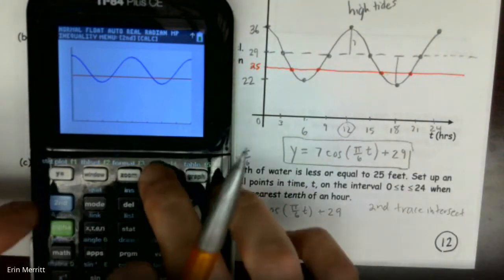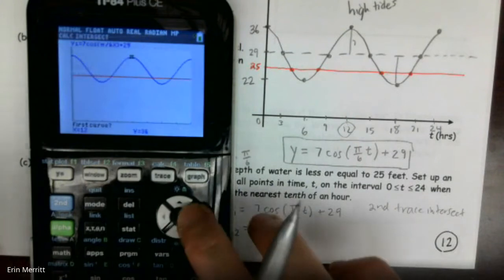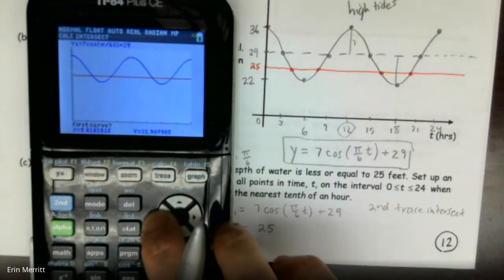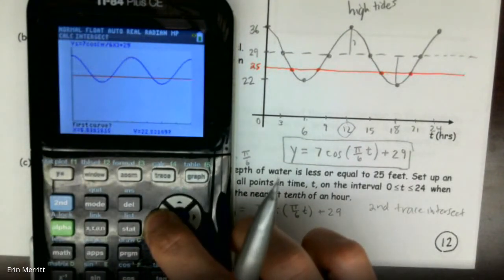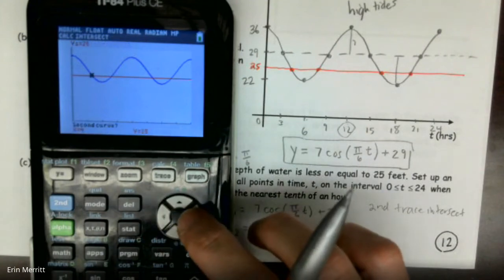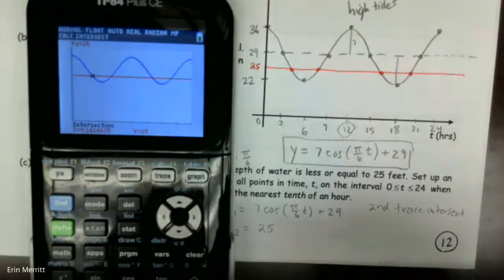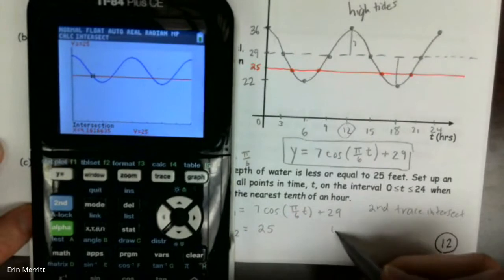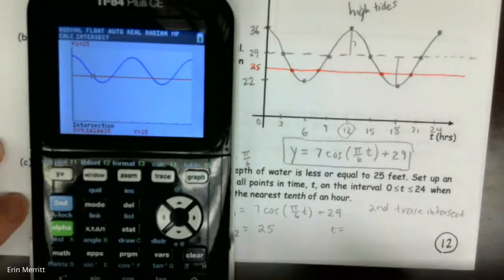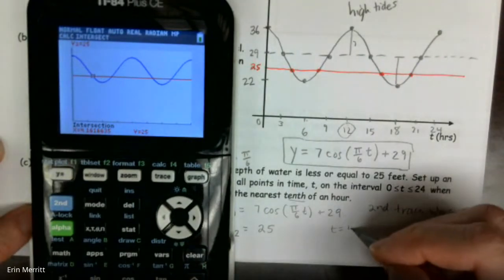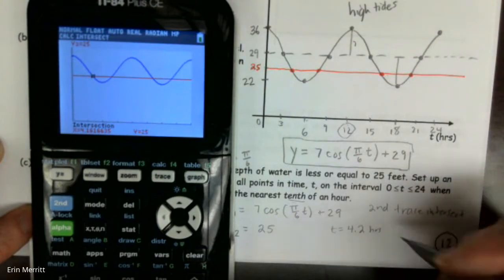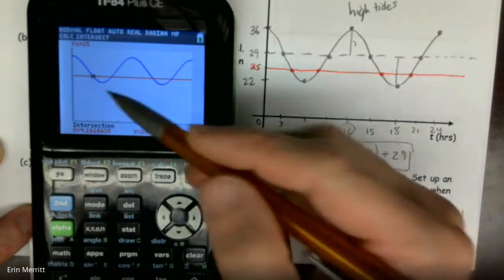I'll work left to right. First curve, second curve, take a guess. It's coming out to be that first time, to the nearest tenth of an hour, about 4.2 hours after high tide. So that's that first value.